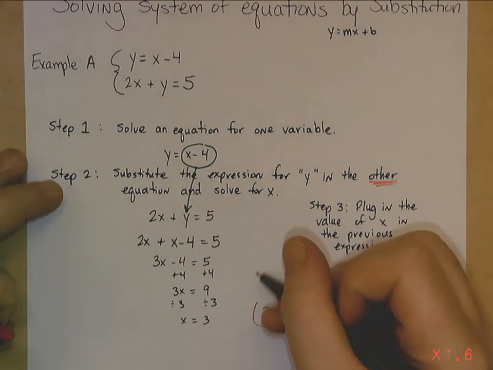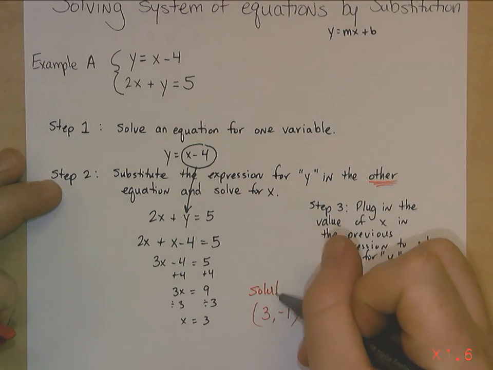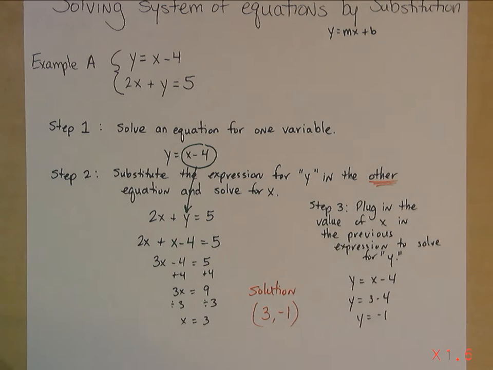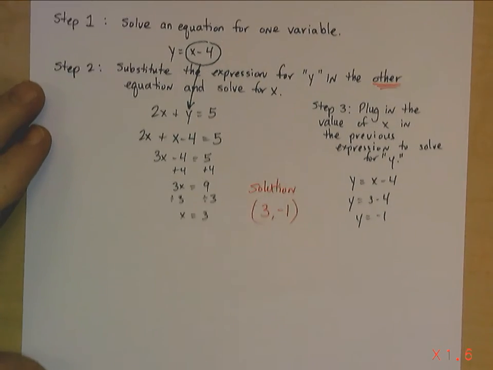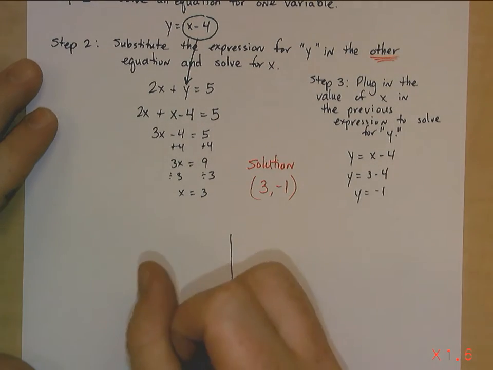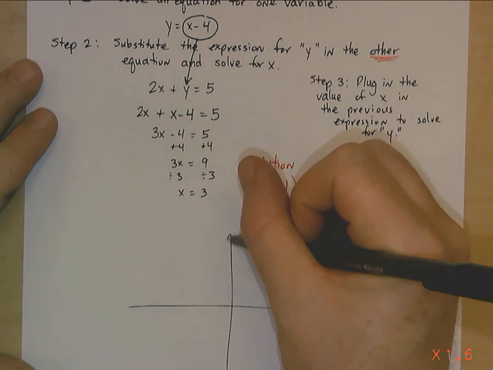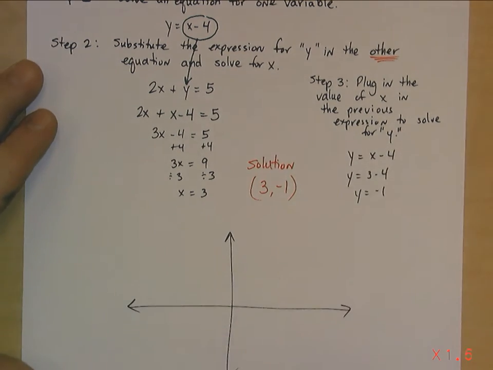And so the question is, how do we check this? On graph paper, again, we talked about graphing this earlier, but I didn't want to give it away quite yet. When you graph this, you're going to look at the two equations.